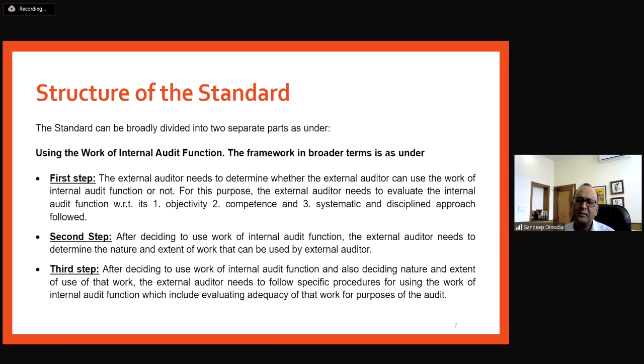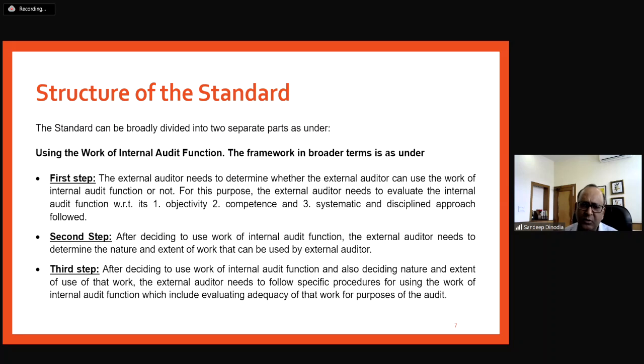Now, this is a very wide term, including adequacy of work for the purpose of the audit. Suppose he has done inventory verification. Then we'll have to see what process he has followed for inventory verification, what documents he has created, how he has concluded on the process, whether the work has been done with adequate, competent manpower, and whether he has maintained objectivity throughout the exercise.